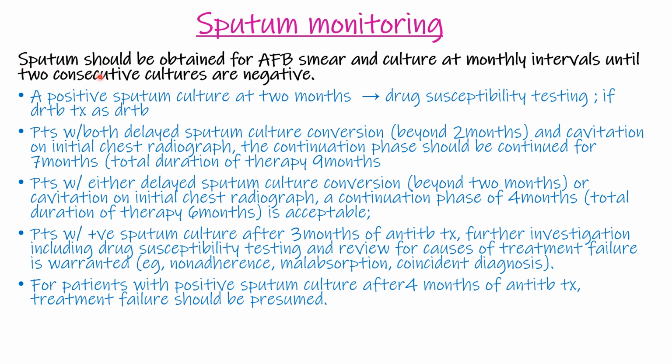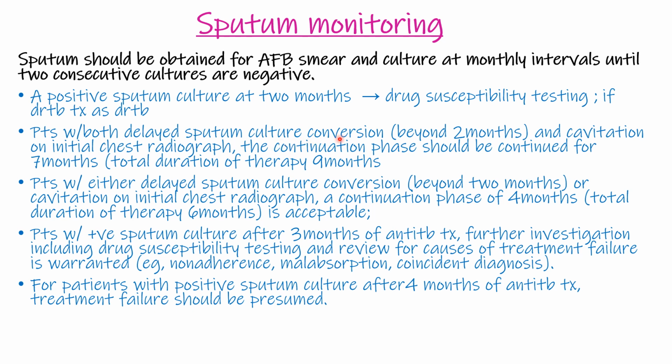The first one: sputum should be obtained for acid-fast smear and culture at least monthly until 2 consecutive cultures are negative. I hope we have understood. So you obtain it monthly until 2 consecutive cultures are negative. There's something called sputum culture conversion.